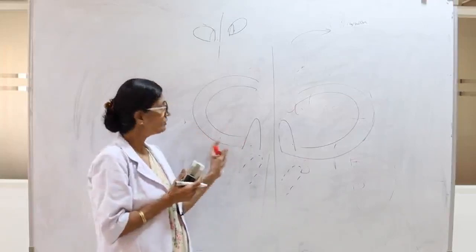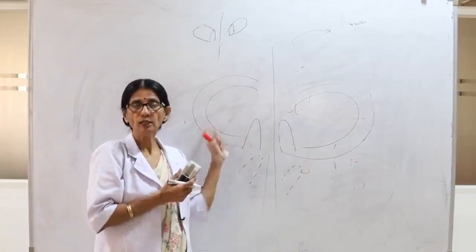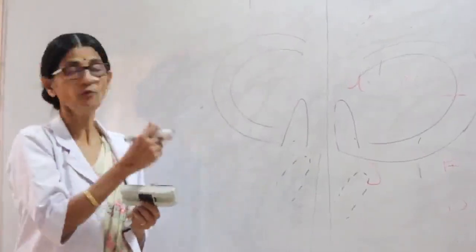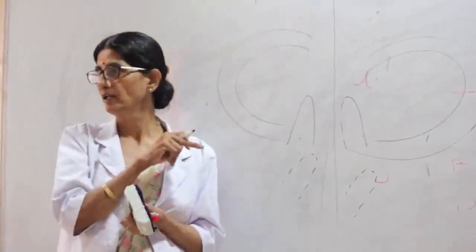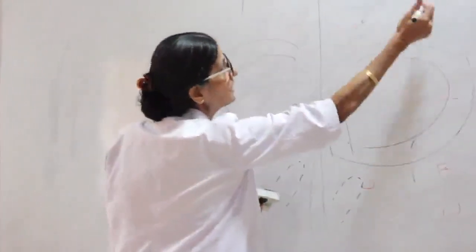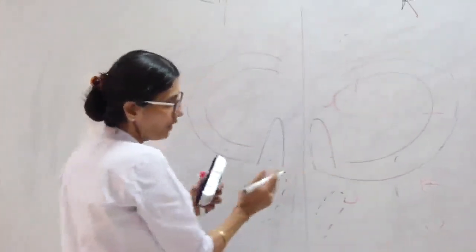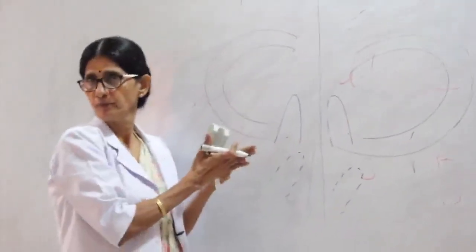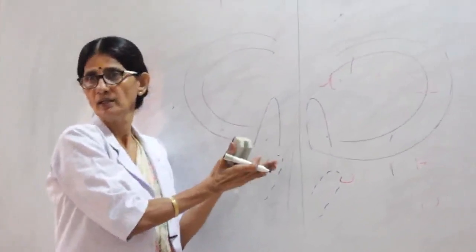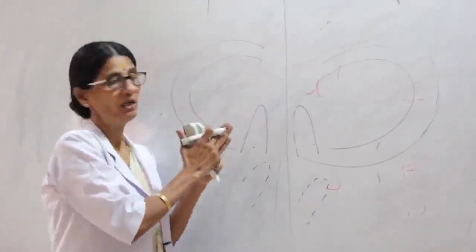But because of the inertia, the endolymph will be lagging behind, and the movement of the cupula will be in a direction. The movement of the head will be to the right side, whereas because of the inertia of the endolymph, the displacement of the crista will be in the opposite direction to begin with.